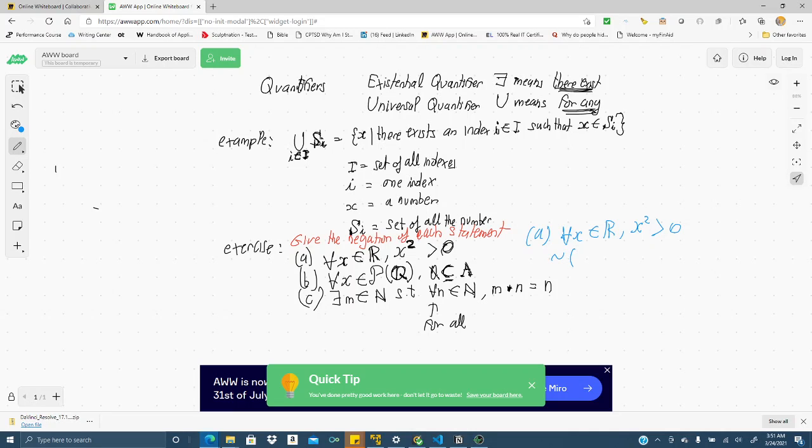So we negate: for all x belonging to R, x squared bigger than 0.